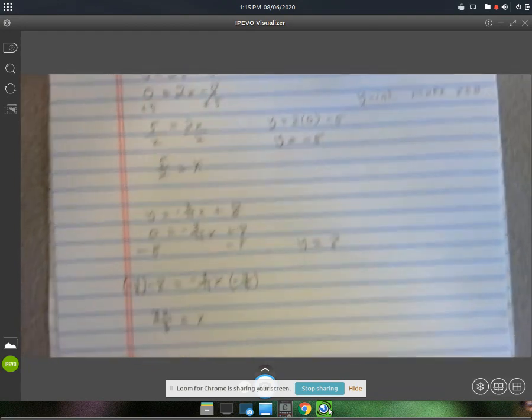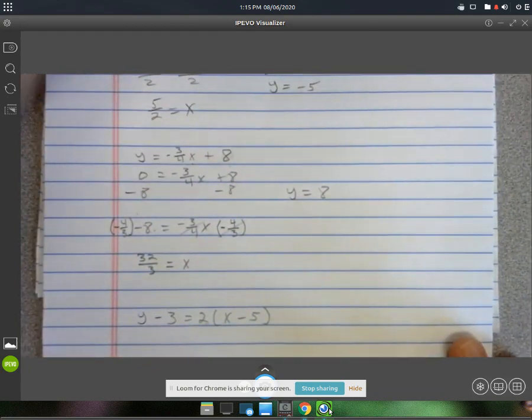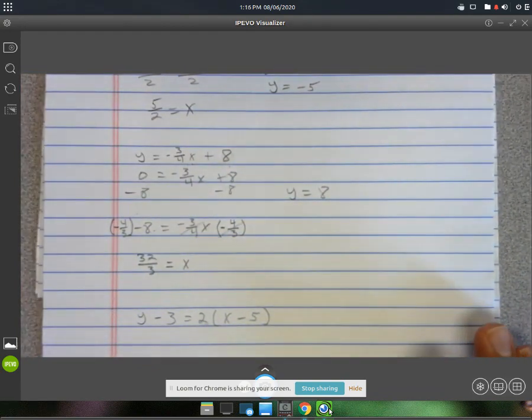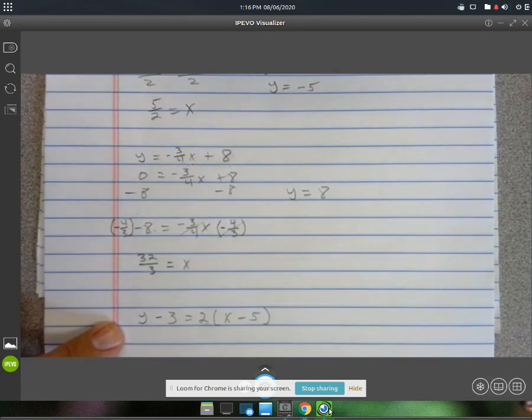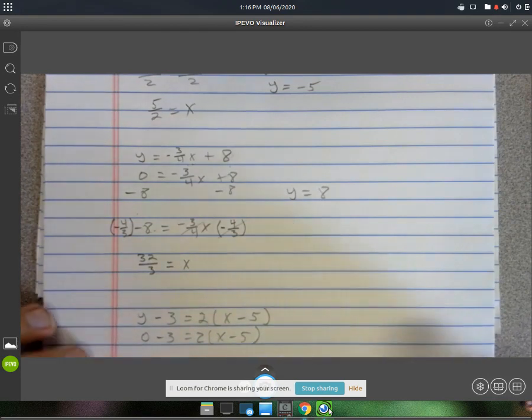This next example is called point slope form. This form down here is point slope. Let's find the x-intercept first. We plug in 0 for y, minus 3, and we expand this side using the distributive property.